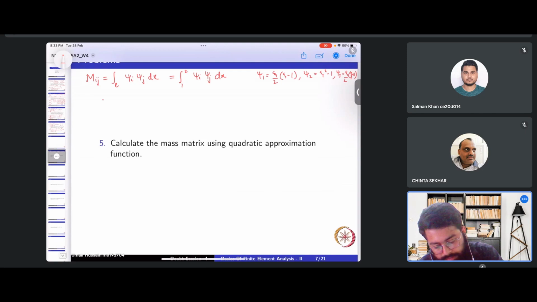If we change our limit from minus 1 to plus 1, we get psi i psi j times J dx, sorry d zeta, and our Jacobian here is 1 by 2.